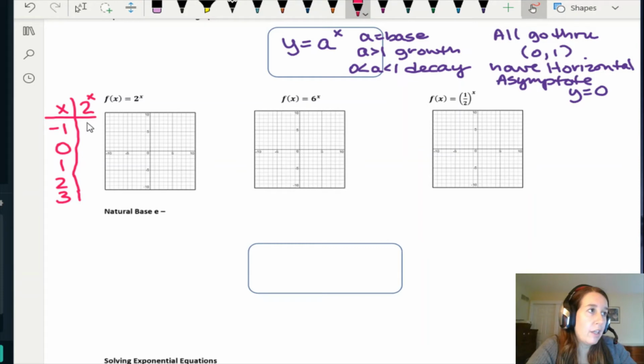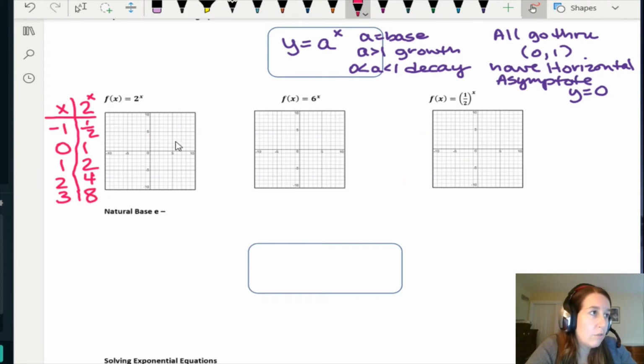So if we put in -1, that's 2 to the negative first power, so that is equal to 1/2, right? If we put in 0, 2 to the 0 power is 1. If we put in 1, 2 to the first, 2. Put in 2, 2 squared is 4. And then this would be 2 cubed, so 2 times 2 times 2, that's 8.